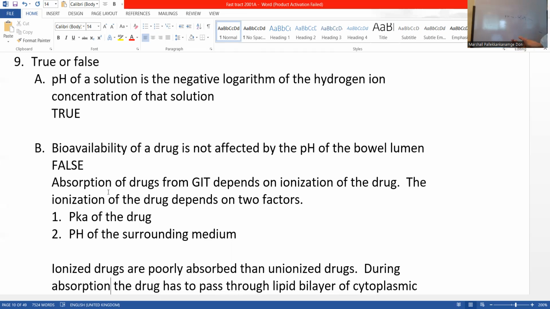So the drug has to be dissociated weakly. A small amount is dissociated as ionic form, and most of the drug is in the non-ionic or undissociated form. Then only it is soluble in fat. That means it can cross the cell lipid bilayer.